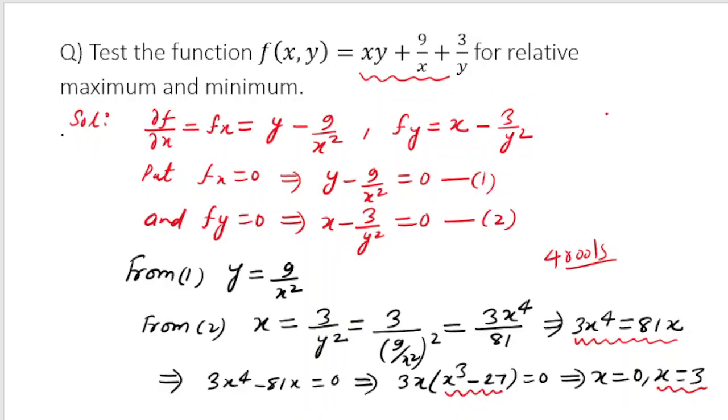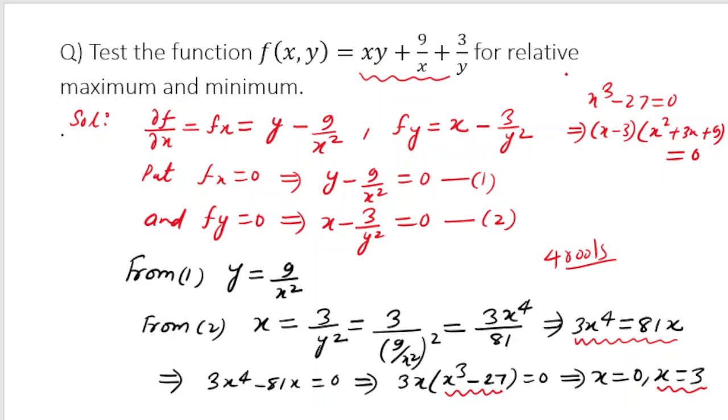Because if I take x cube minus 27 is equal to 0, and simplify it, it can be written as x minus 3, using a cube minus b cube is a minus b, and then x square plus ab, so that is 3x, plus b square, that is 9, is equal to 0.